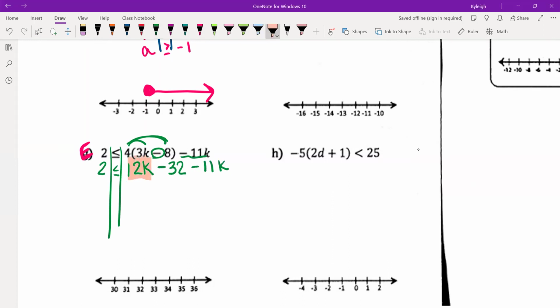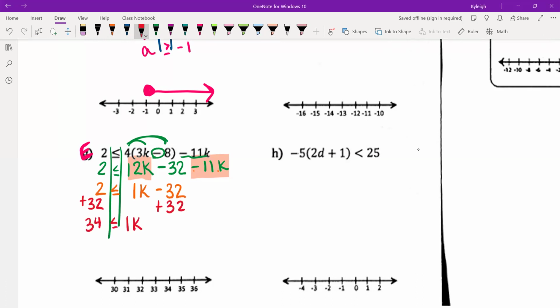And now we just combine our like terms, which are our k's. So 12 minus 11 is 1k minus 32. Still haven't done anything over here, so it just comes along. Now we do the opposite of subtracting 32, which is to add 32. And we get 34.